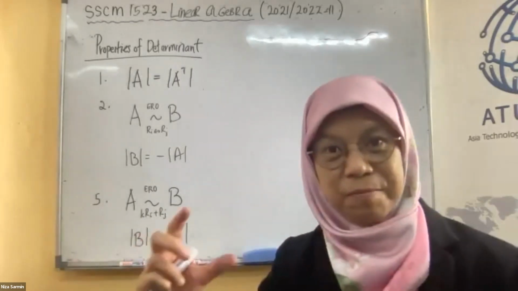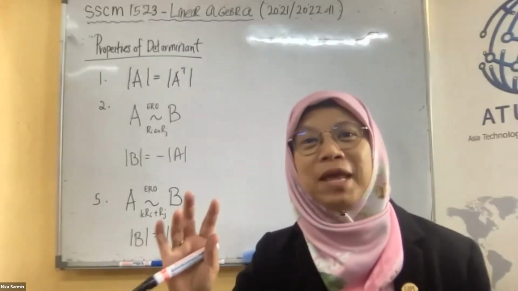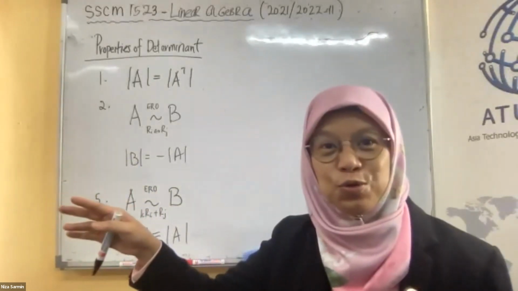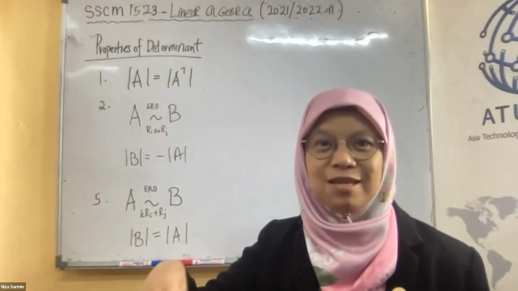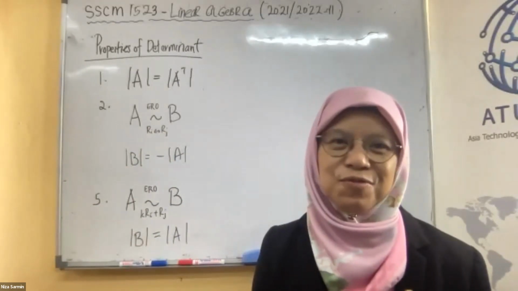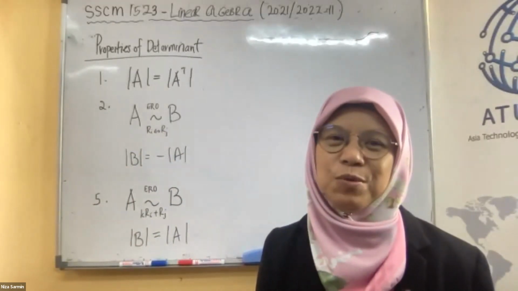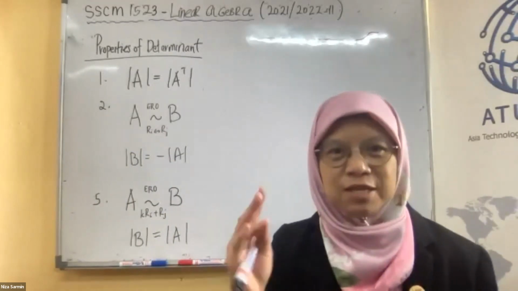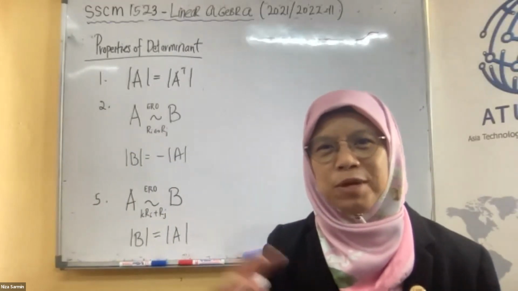So if we have a matrix with not many zeros, right? If we do like 1 or 2 ERO to get many zeros, then it's much easier to find the determinant. You see where we are going? Especially the first example. So many things to calculate.